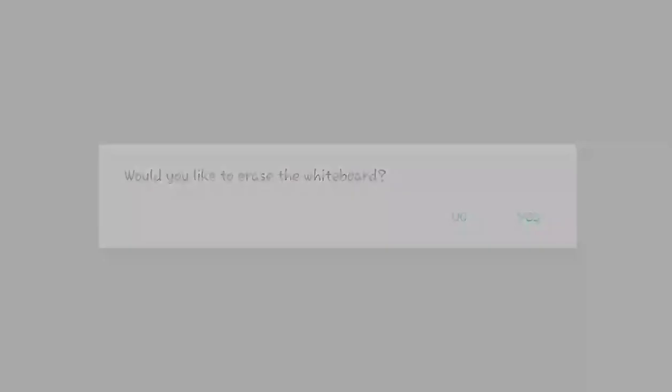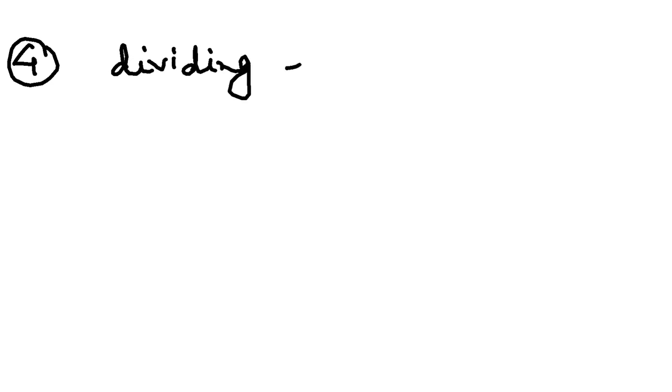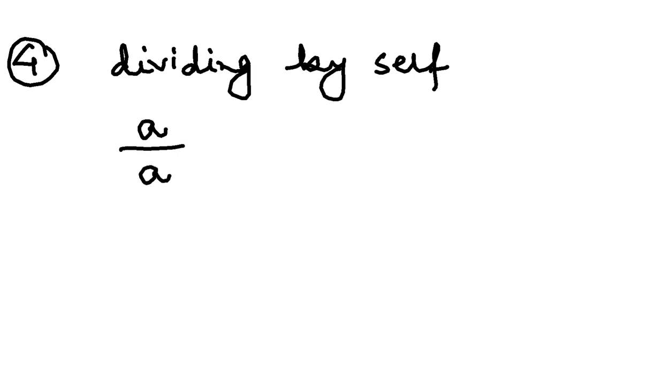Now let us go to the fourth property. The fourth property is related to dividing by self. Dividing by self means if we take an integer a and divide it by a, this will always give you 1.